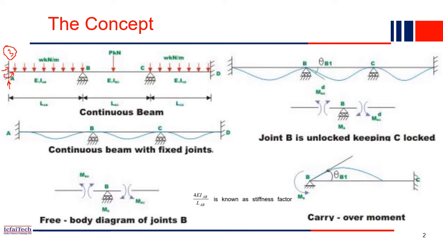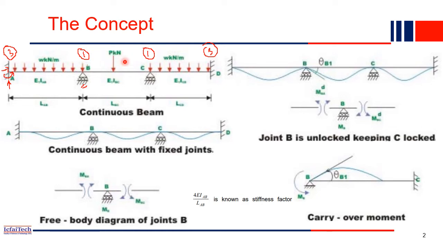Now at point B you have only a roller support, and a roller support means only a single reaction force. Again at C we have a roller support, meaning a single reaction force. At this end D we again have three unknown reactions, as it has a fixed support. Now count how many unknown reactions there are in total. We have 3 plus 1 plus 1 is 5, plus 3 is 8. So a total of 8 unknown reactions are there in this continuous beam.